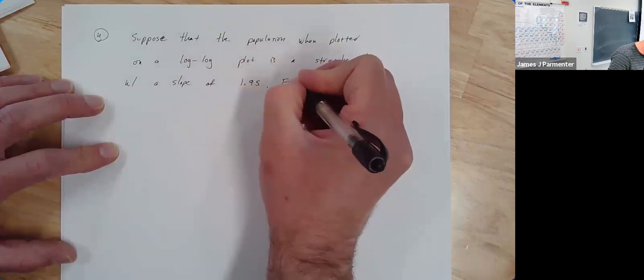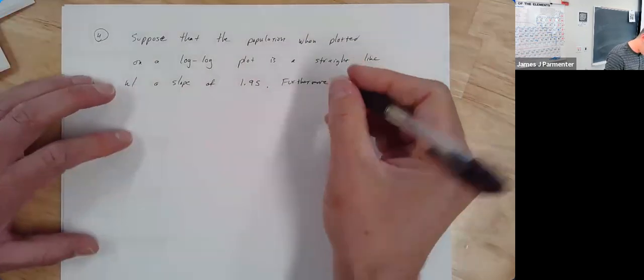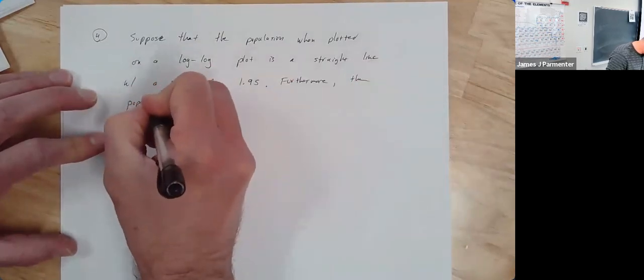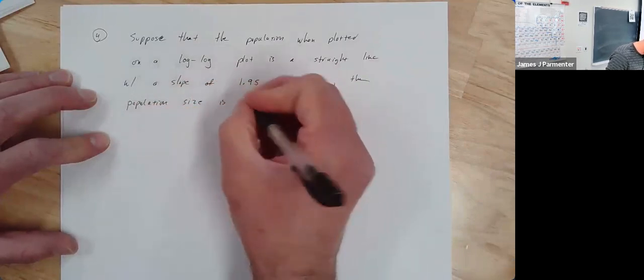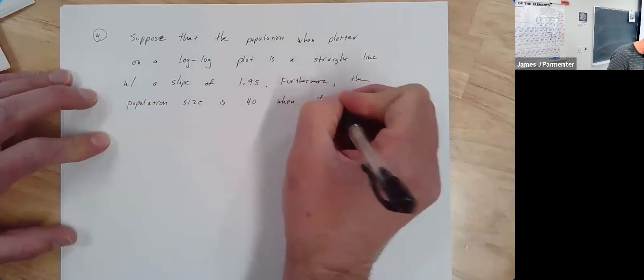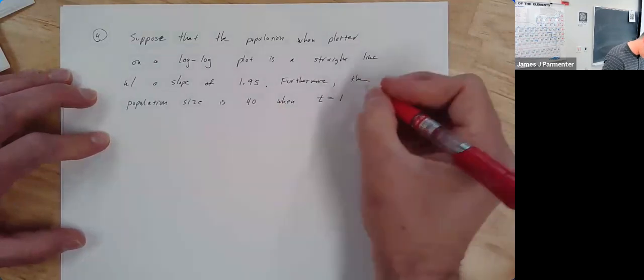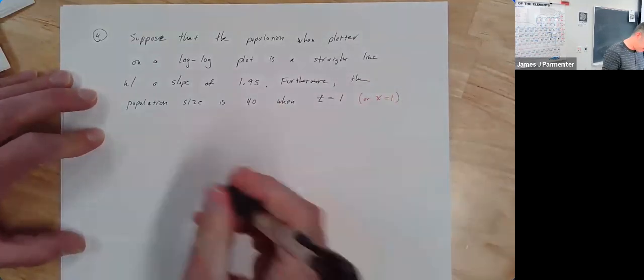Furthermore, this is where it's going to be interesting. The population size is 40 when time equals 1. But use x. Find the functional relationship. I'm going to make you guys try this one.